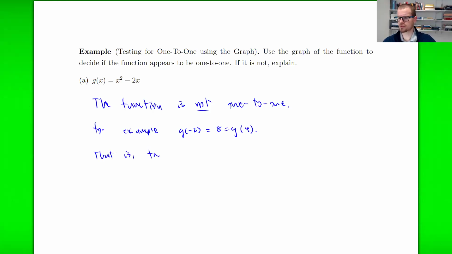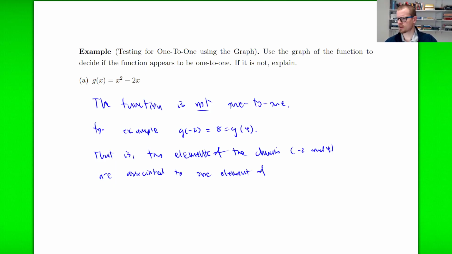That is, two elements of the domain, -2 and 4, are associated to one element of the range, 8.